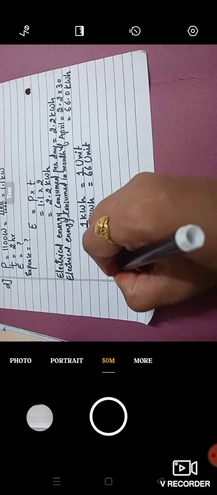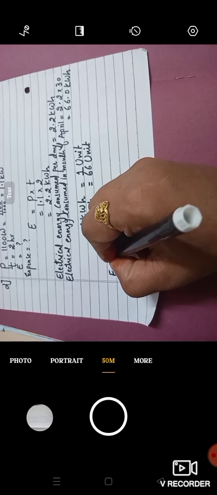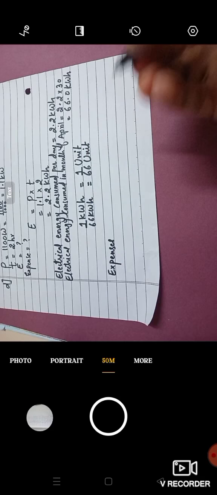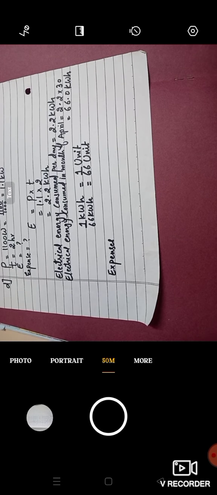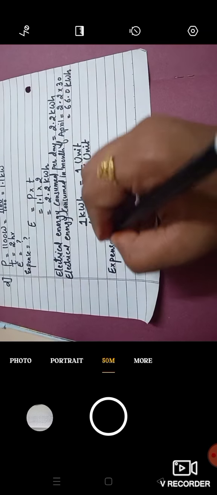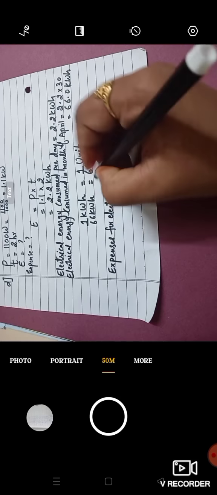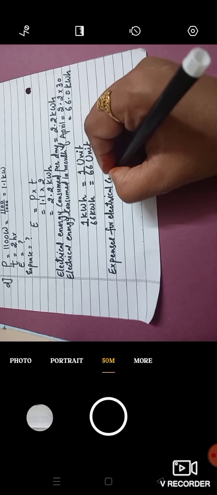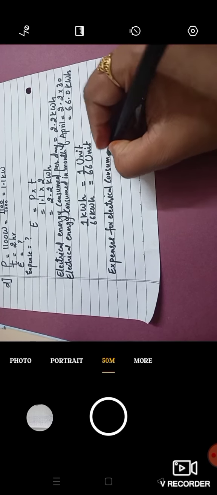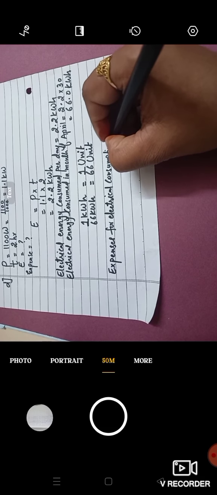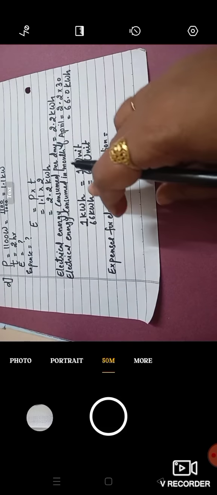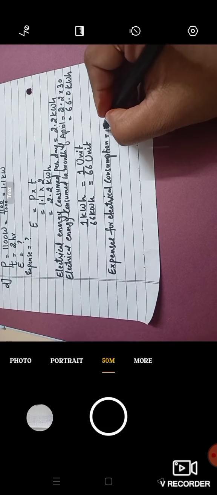Okay, now we need to actually calculate the expenses. We need to calculate the expenses for electrical consumption in the month of April. The electric company was charging 5 rupees per unit.